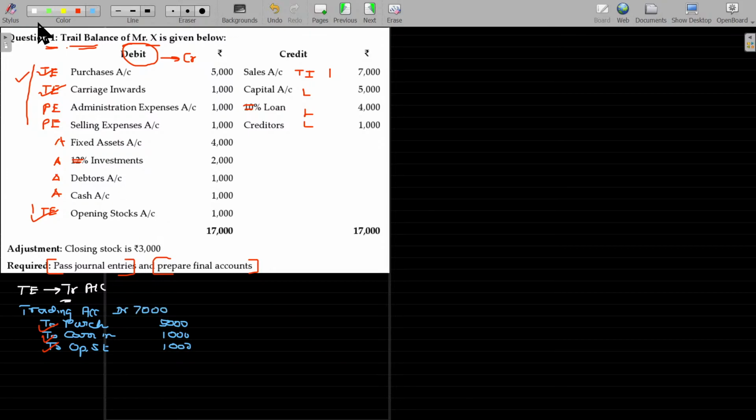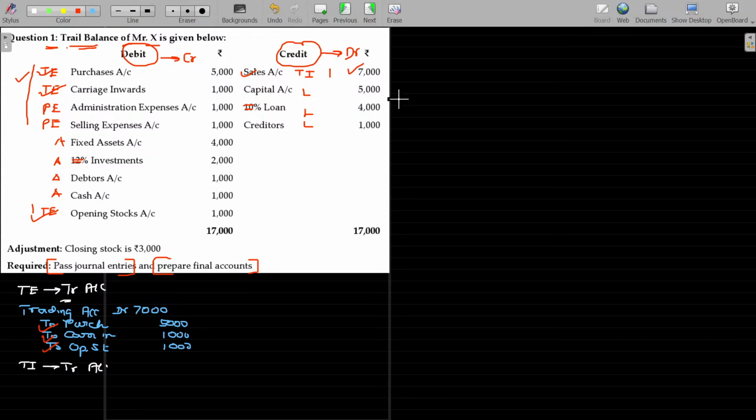The next entry is all about trading income. I'll pass for this trading income. Transferring the trading income to trading account. All the credit items while transferring should get debited, and the account where you are transferring will be credited.